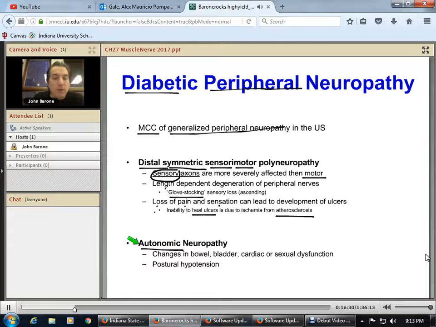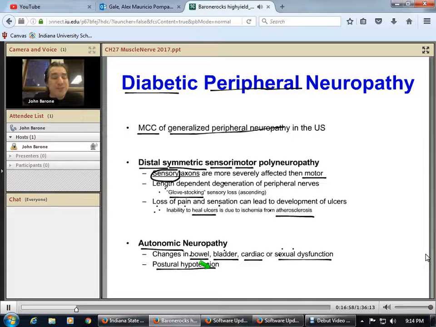Now, in addition, they get not only peripheral but also autonomic neuropathy. So diabetics get a lot of constipation. They get what's called gastroparesis, where they just don't move their bowels. And in their bladder, they get neurogenic bladder. They get cardiac and sexual dysfunction, like impotence, not cool. Pointing and shooting: to point, you need parasympathetics; to ejaculate, to shoot, you need sympathetics.